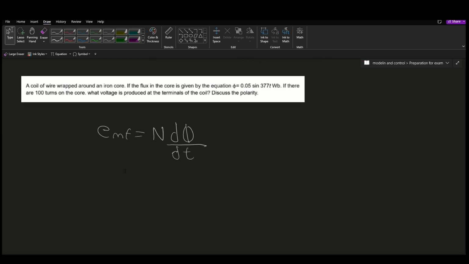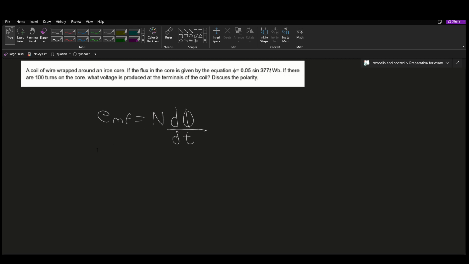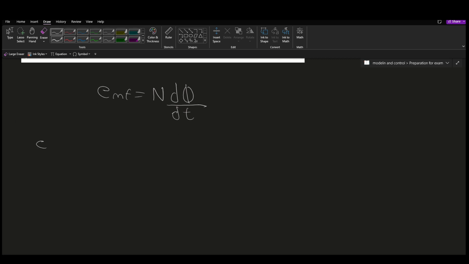So here they are asking us to calculate the voltage. That will be the EMF, when we have this sinusoidal form. So this is pretty simple once we have the formula, because we have the EMF, but they want us to write it as voltage, so let's say voltage.